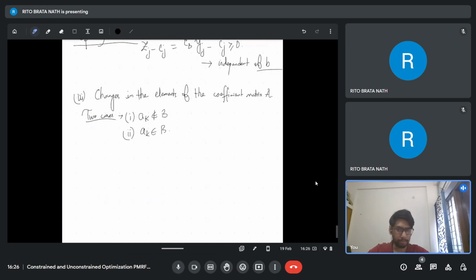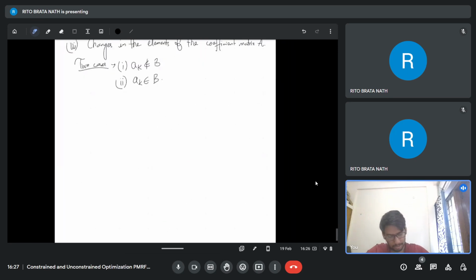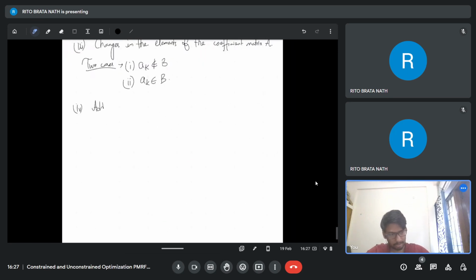Okay, so why do we do this? Because we need not solve the LP again if our changes are in certain ranges. So just to avoid some extra computations, that's why this is necessary. And yeah, next will be addition of a variable.